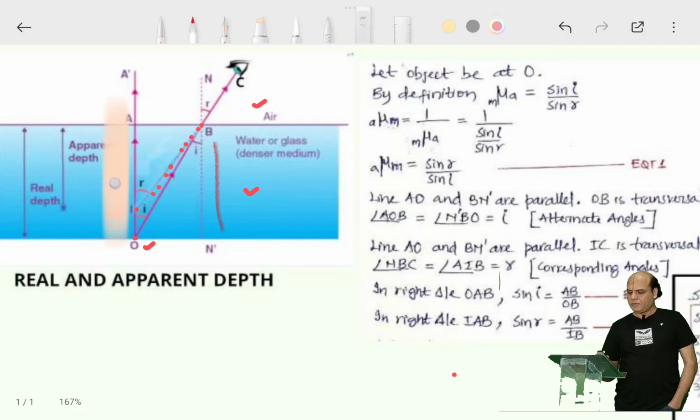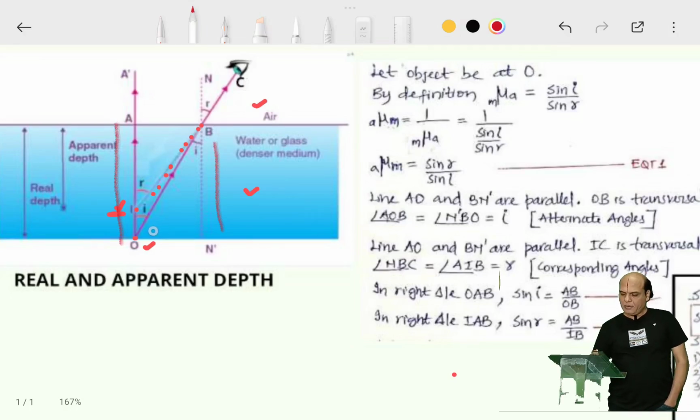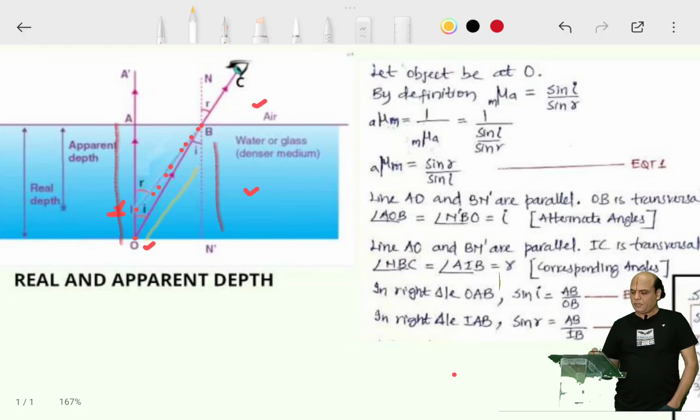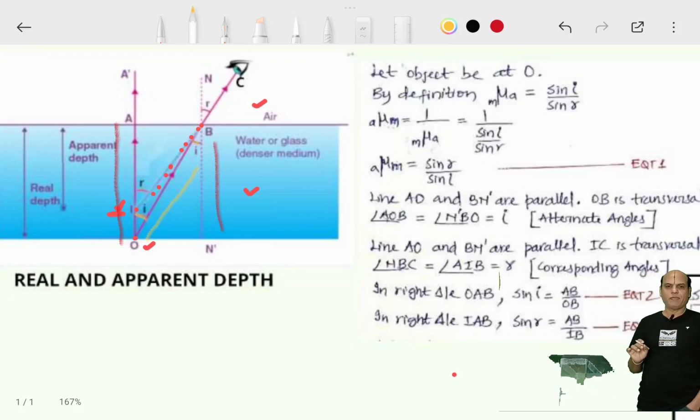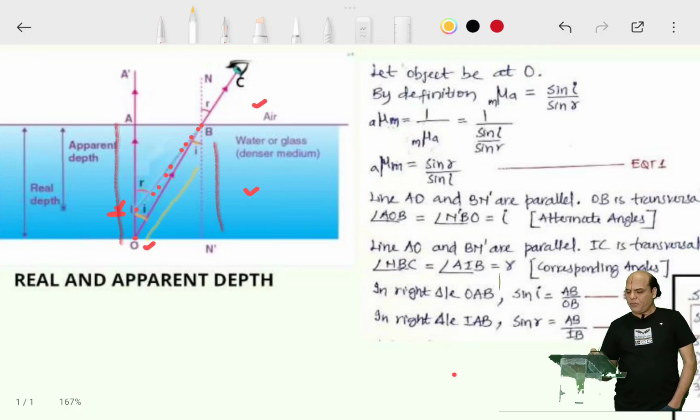So line OA is parallel to line BN and OB is a transversal. So angle OBN dash and angle AOB are alternate angles. Therefore they are equal. So angle OBN dash is nothing but the angle of incidence I. Therefore, angle AOB is also I.